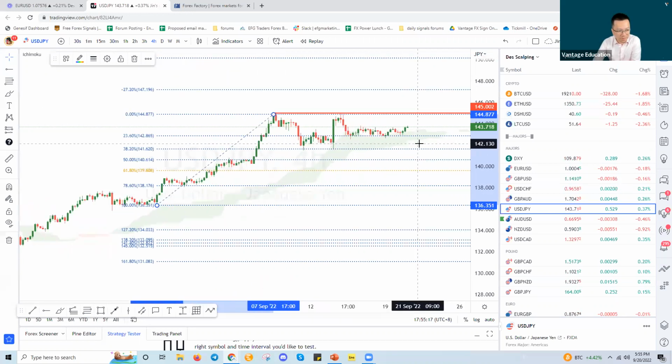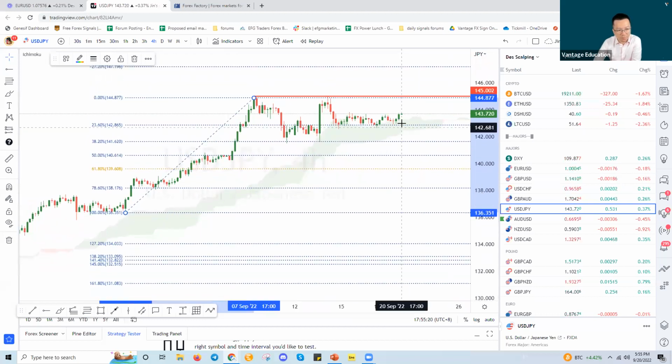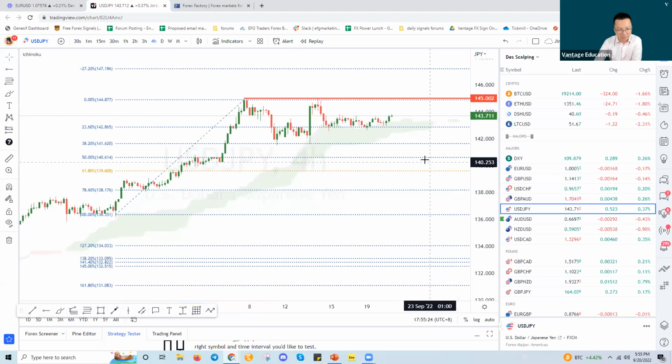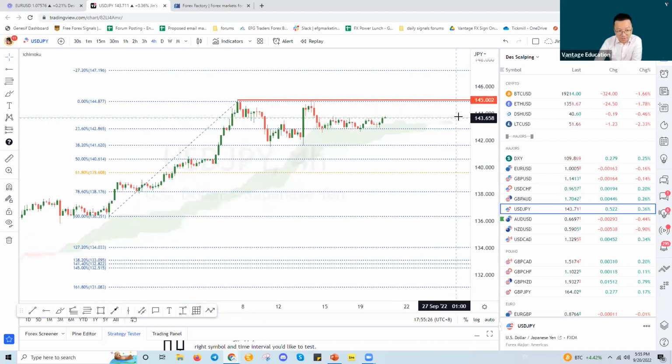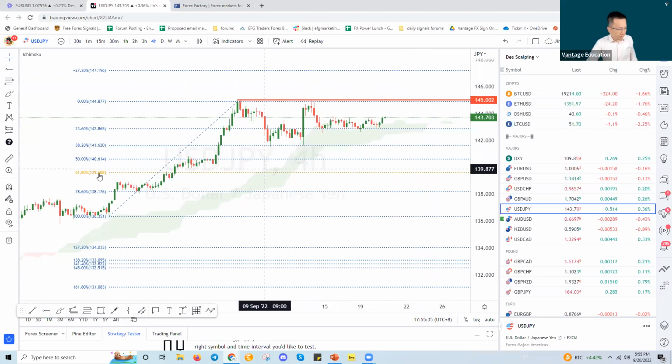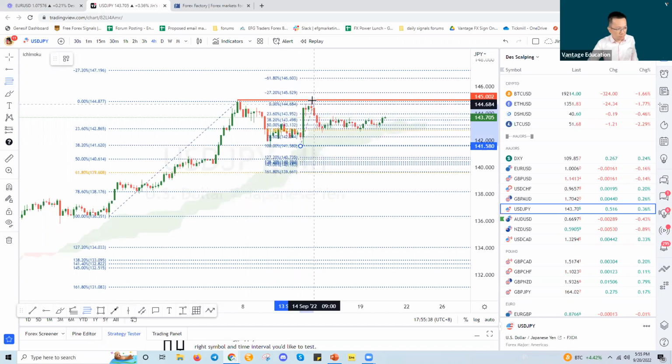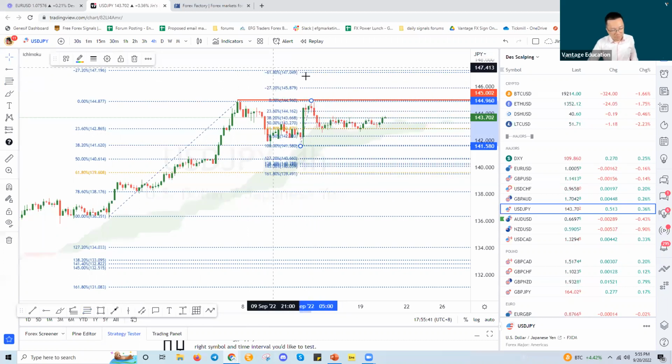So I'm looking for whether price can first move up towards that 145. And if it breaks above, we're going to see that cloud form quite strongly, right? And we're going to see price supported to push up towards that 147.20 level. I think I can do one more here, and we can see that bit of a confluence at 147 as well, right? So you can see that push towards the upside.